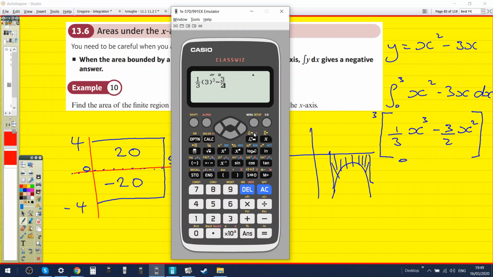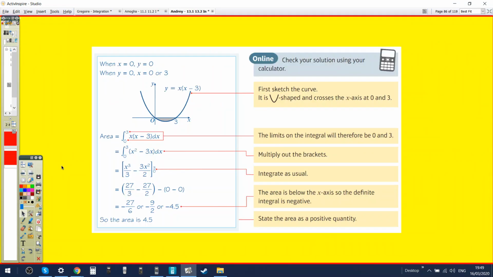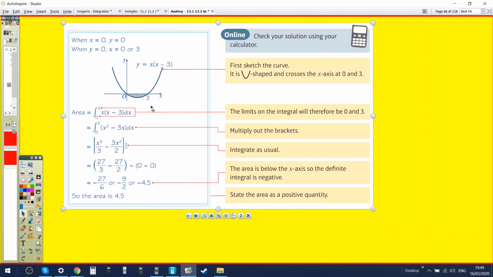Why is that? It was minus 9 over 2, but the area will be 9 over 2, won't it? Why is that? Because shapes can't have minus areas. That's it. And so it says it's minus 9 over 2, but we know that it's actually going to be positive 9 over 2, 4.5. So that's what it looks like.